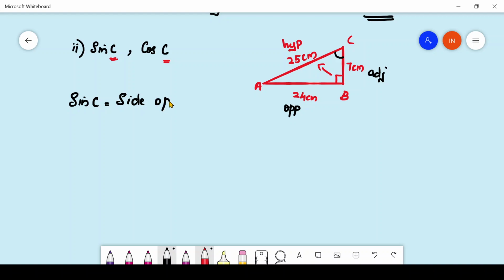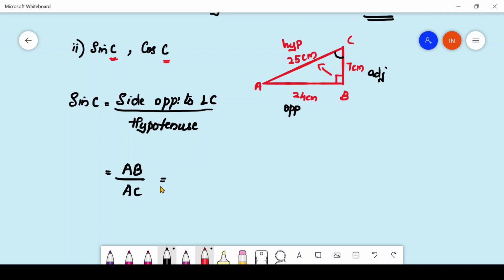Side opposite to angle C divided by, what is the denominator? Hypotenuse. Yes. So which is the side opposite to angle C? That is AB. We have marked it in the figure as well. And the hypotenuse, we know, is AC. So we are going to substitute the values: AB is equal to 24 and AC is equal to 25. So we got sine C as 24 by 25.